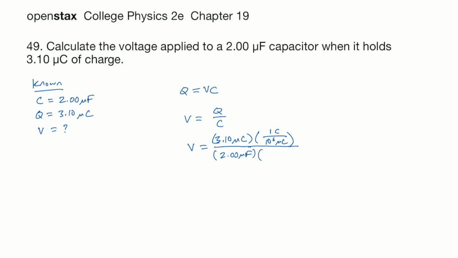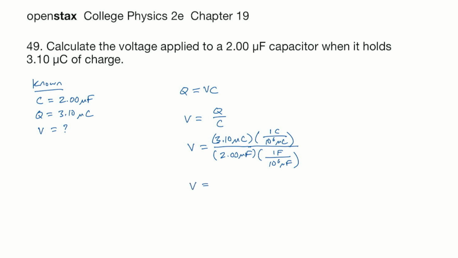We'll convert that one. 1 farad is 10 to the 6 microfarads. So we can see converting both to micros just cancels out. So we didn't really need to convert, but it's better to play it safe. In this case, both were in micros, so the micros, in a sense, canceled each other.